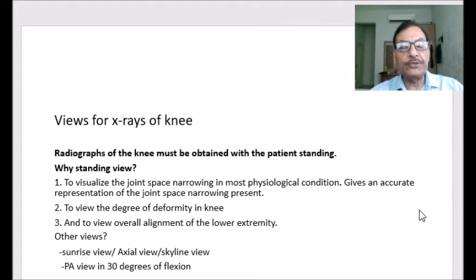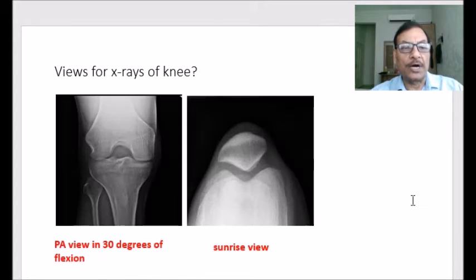What are the other views that can be taken? There are other views, which is called the sunrise view, also called the axial view, and many call it the skyline view, and sometimes a PA view in 30 degrees of flexion is also asked for. This is the PA view in 30 degrees of flexion that we are seeing on the left side, and this is the sunrise view where the patellofemoral joint space is very nicely seen.